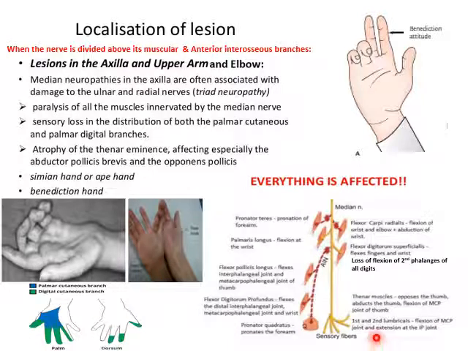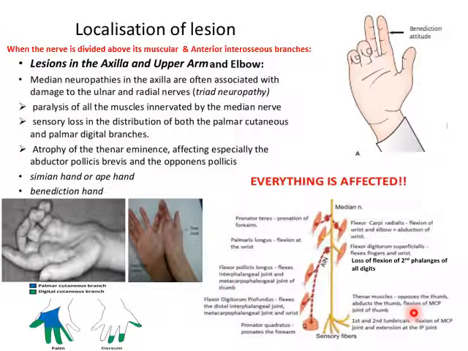And when we come on to the hand, the thenar muscles are all paralyzed, causing the wasting of the thenar muscles, because the thenar muscles' function is lost, and flattening of the thenar eminence is seen.